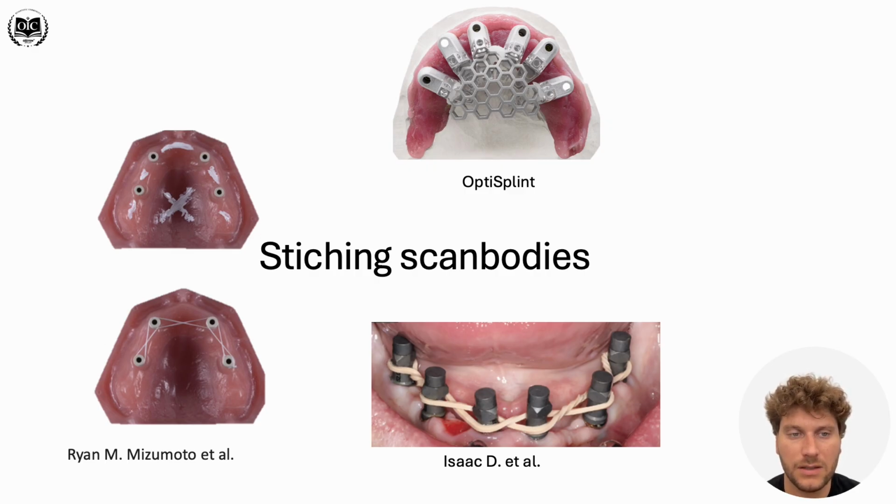This can be done using really simple tools like dental floss or a rubber band intertwined between the scan bodies, or the solution from OptiSplint is to have a dedicated space where you can stitch all the surfaces of these scan bodies to have closer approximation and also more space to align the information for the scanners.